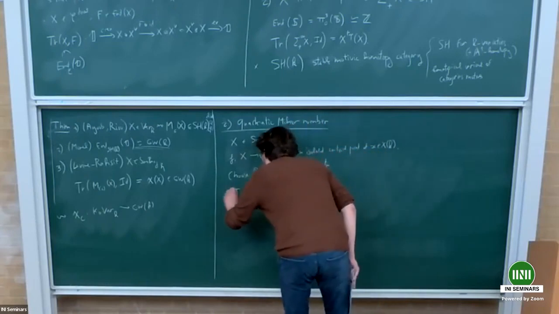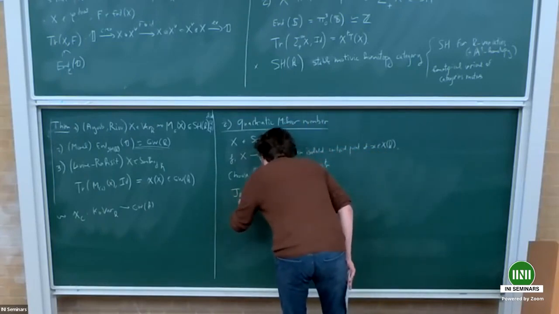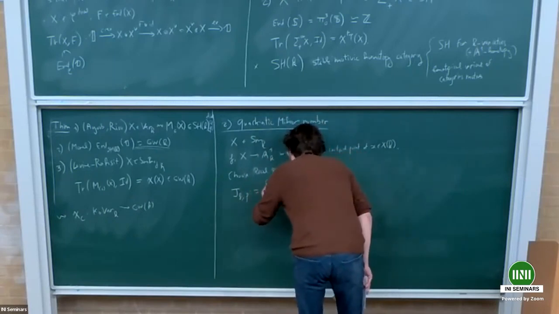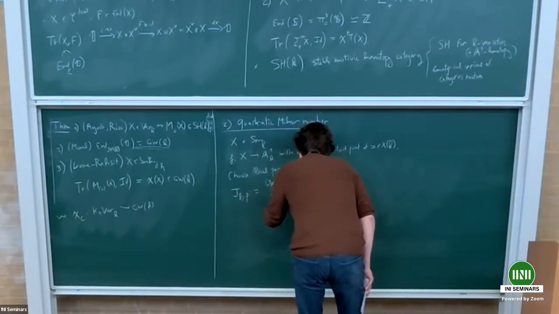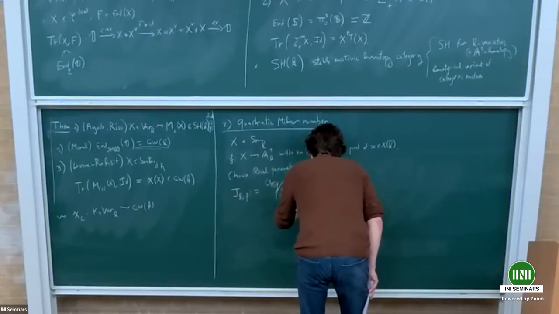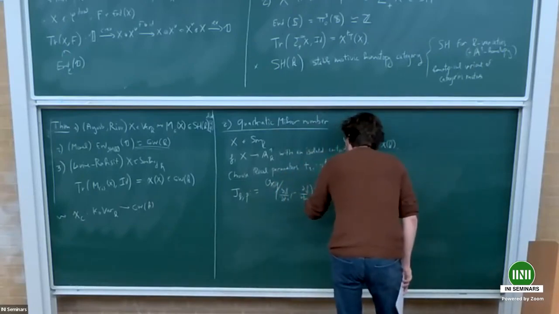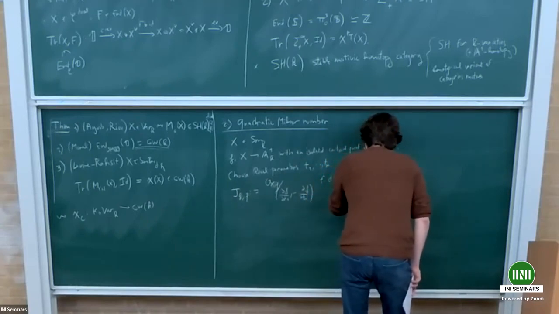And then you can define in this context a very classical object, which is the Jacobian ring of f at P: the quotient of the local ring at P divided by the ideal generated by the partial derivatives of f. By the assumption that this is an isolated critical point, it's a finite dimensional K-algebra.